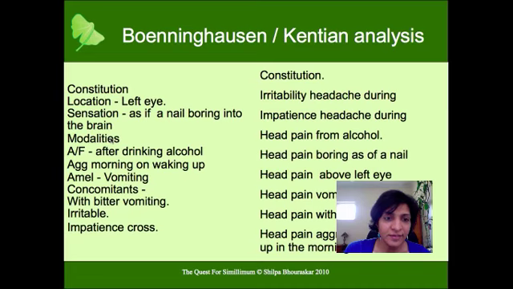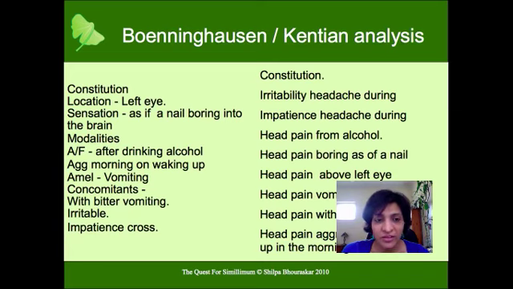With the modalities, the causative factor for me is quite prominent. It comes up after drinking alcohol. And I've used the most prominent aggravation, which is waking up in the morning. That makes it worse, and better by vomiting. I've avoided the common modalities such as better by motion, aggravated by motion, and aggravated by light.